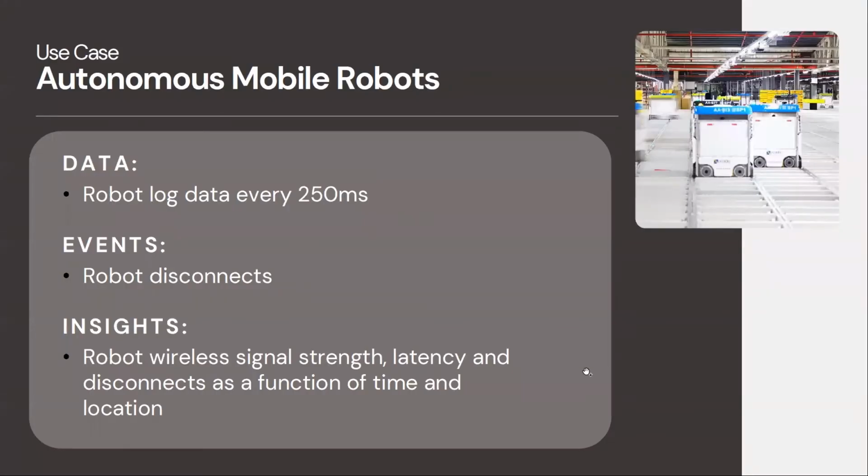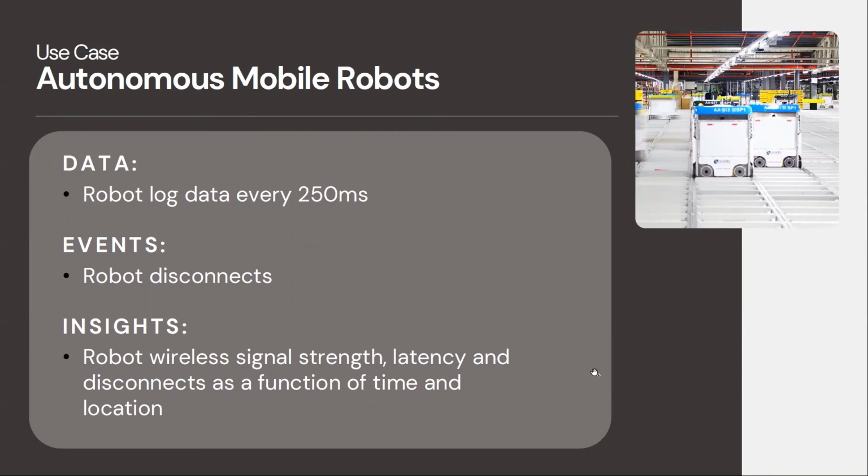This is another example. It's basically analyzing data coming out of autonomous mobile robots, AMR. The robots are generating a lot of data, typically multiple data packets per second. And let's say that the issue that you want to analyze is to see when or why robots disconnect from their wireless access points sometimes.